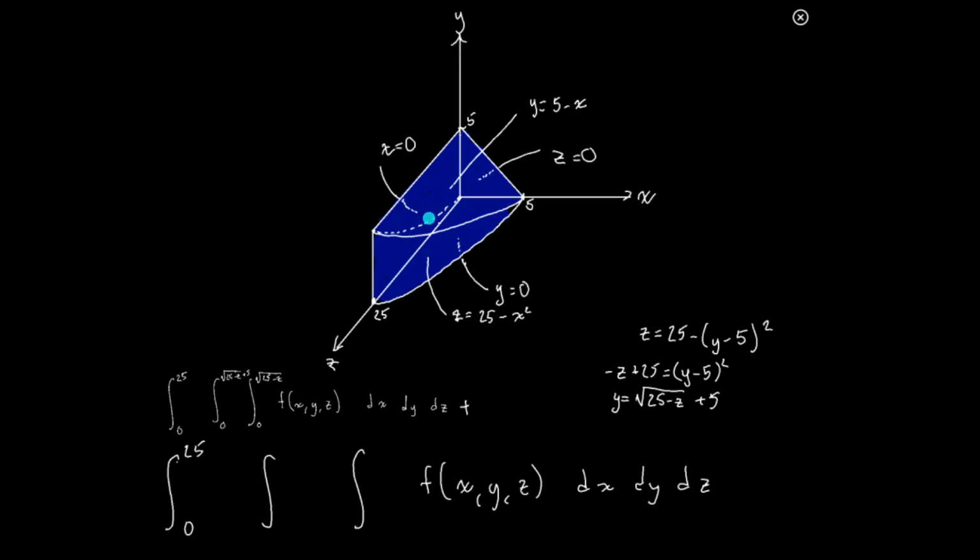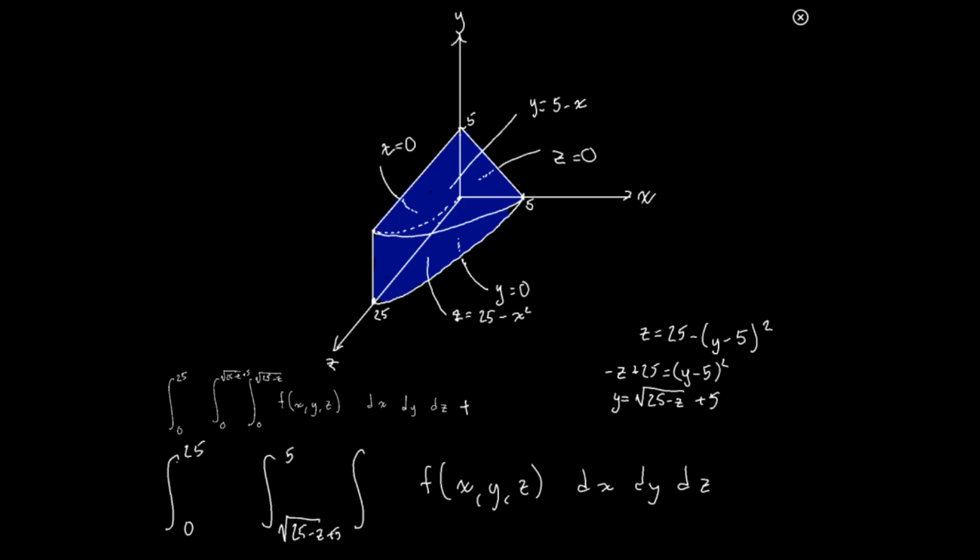And now we're going to go up in this direction. We already did this section, so next we need to do this section. So we're going to go from the square root of 25 minus z plus 5, because we said that's the equation for this line. We're going to go all the way up to 5, because that's the equation for this line, y equals 5.